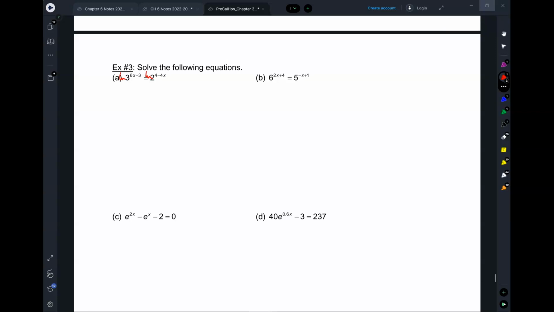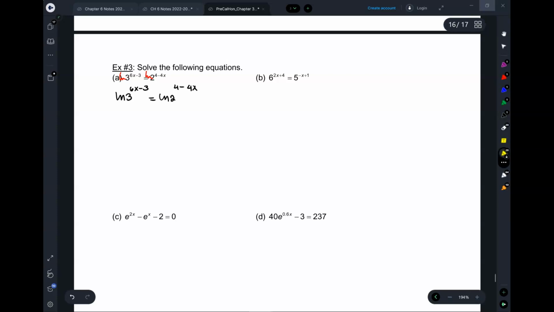Okay? So take a look at what happens here. ln of 3 to the power of 6x minus 3 equals ln of 2, 4 minus 4x.